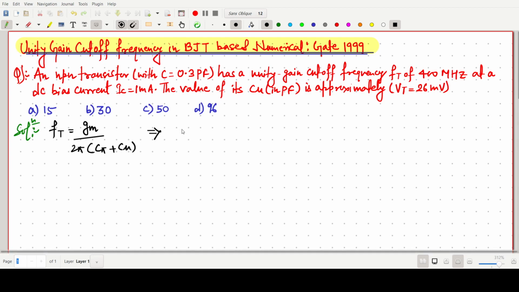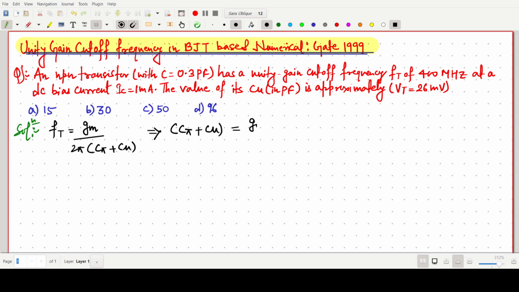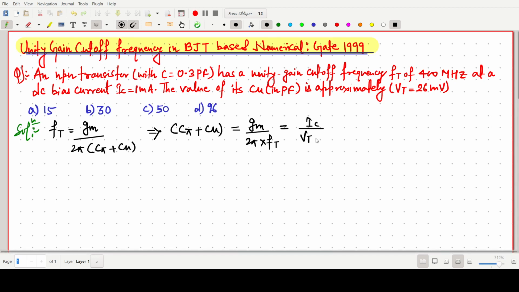We have to find the value of C mu, so we can write C pi plus C mu equals Gm by 2 pi into Ft. Ft is given, and Gm can be written as IC by Vt, so C pi plus C mu equals IC by Vt into 2 pi into Ft. Now everything is known to us.